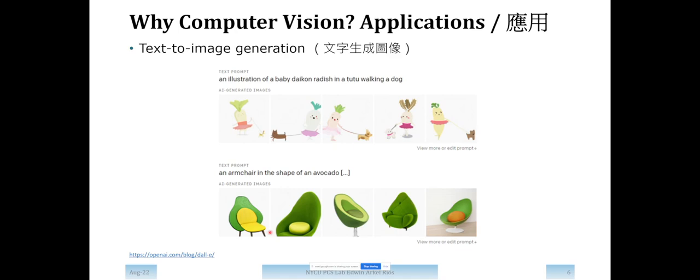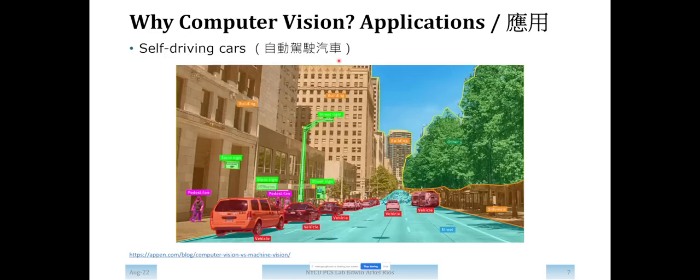That was already 2020, so it's a bit old. They have now released DALL-E 2, which is more practical than DALL-E 1. Of course, another application is self-driving cars, like Tesla and a lot of other companies like Toyota. Basically every car manufacturer is investing in this. One of the building blocks for self-driving cars is building a model for the car to actually recognize the world.